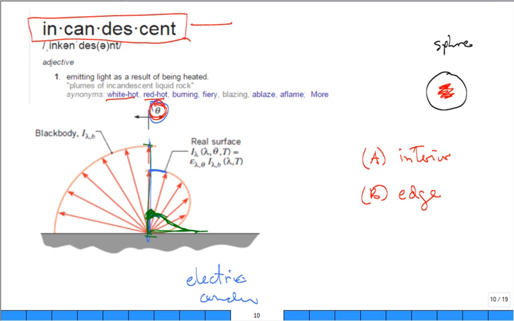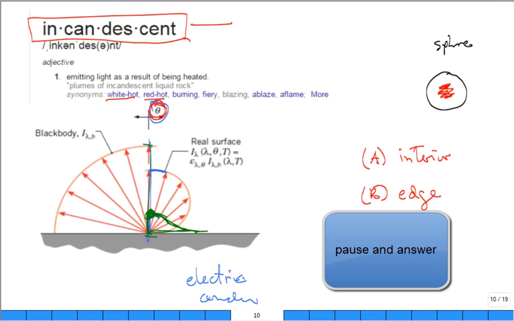I have a sphere. It's metal. It's electrically conducting metal. I heat it up such that it glows. In the room, there's no other light. So if I turned off all the lights, all I would see is the glowing sphere. Where would it be more intense? The light coming from it would be in the center or the edge?